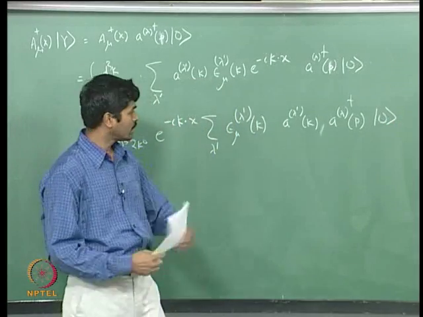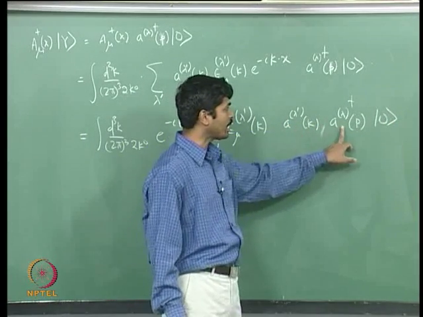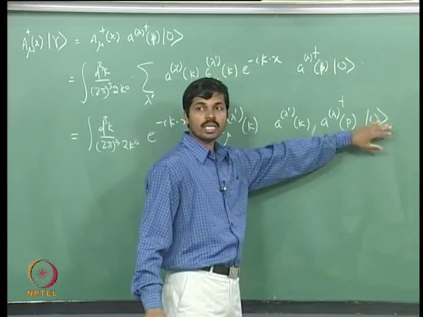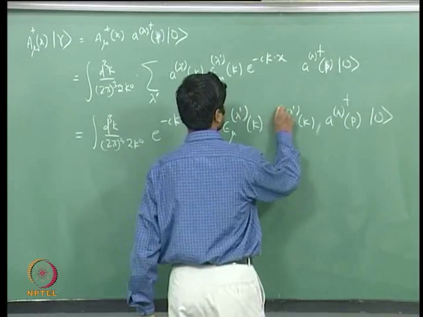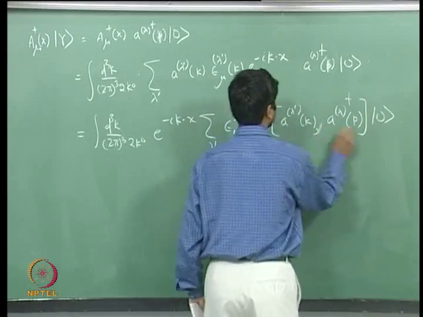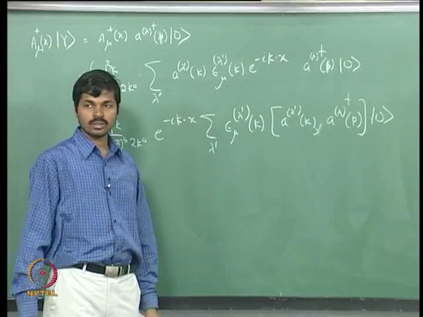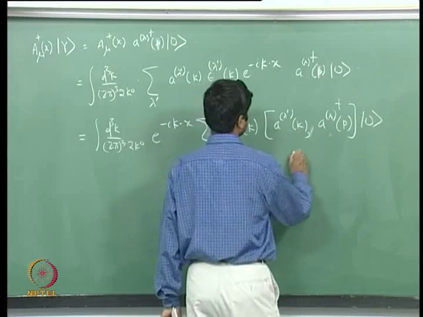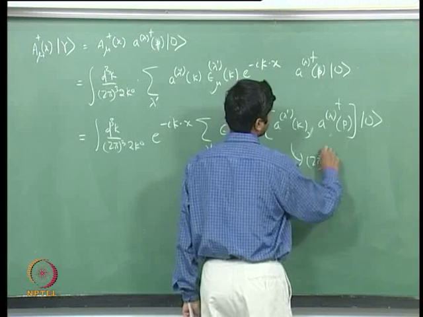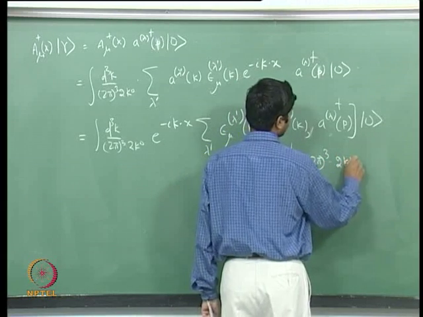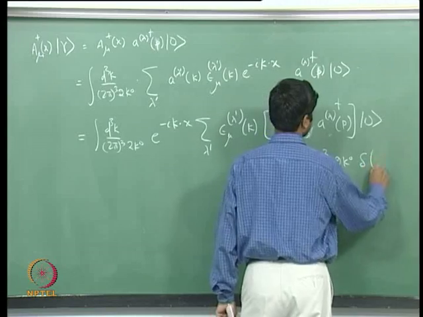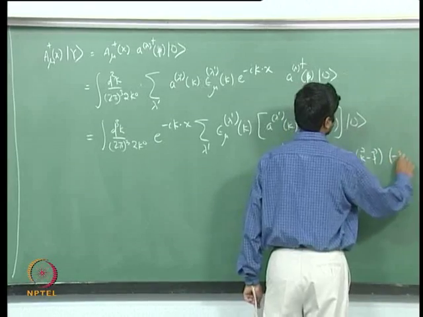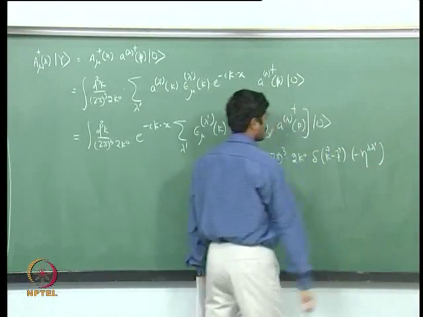Again you can write this term as the commutator of a_λ'(k) and a_λ'†, minus a term which annihilates when acting on the ground state. Therefore, I will just substitute the commutator of a_λ' and a_λ† in this place, and we know what this commutator is. This is nothing but (2π)^3 2k0 δ(k minus p) times minus η_λλ'.